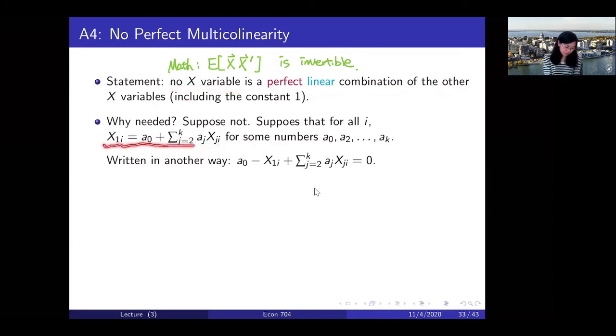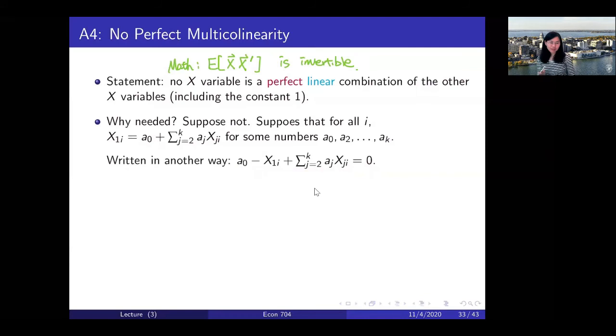Now, for this equation, we can rewrite it in a different way. We move everything to one side of the equation. So that becomes a0 minus x1i plus the sum of aj xji. These a's are constants. So this means that there is a linear combination of all the x variables that equals 0.